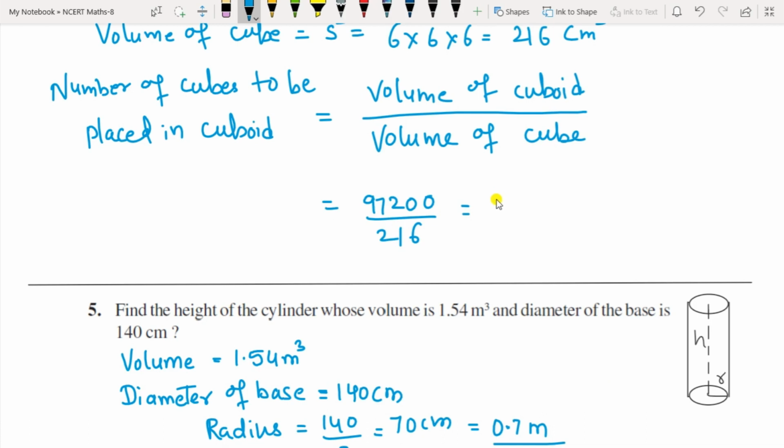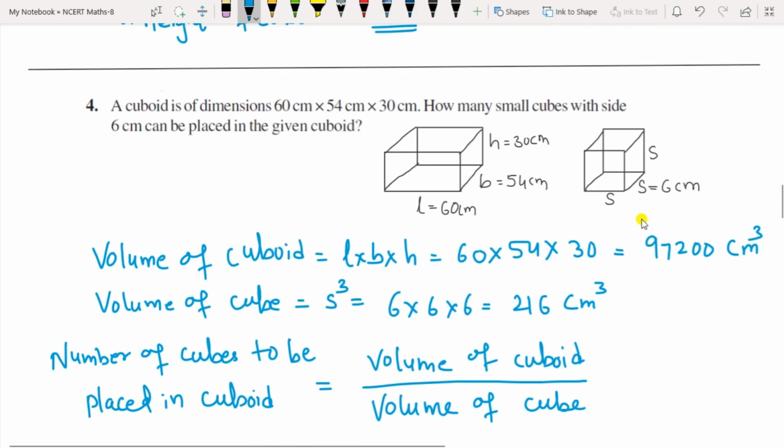On cancelling you get 450 cubes. So the number of cubes to be placed in the cuboid is 450. So 450 cubes of length, breadth and height 6 centimeter can be accommodated in the cuboid of length, breadth and height 60, 54 and 30.